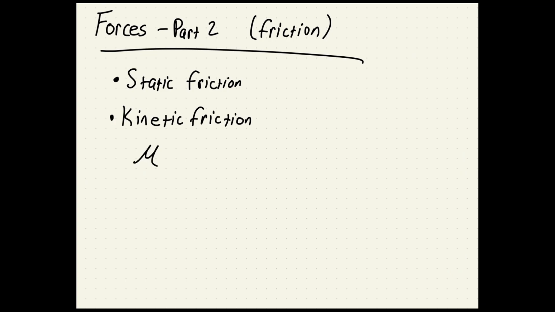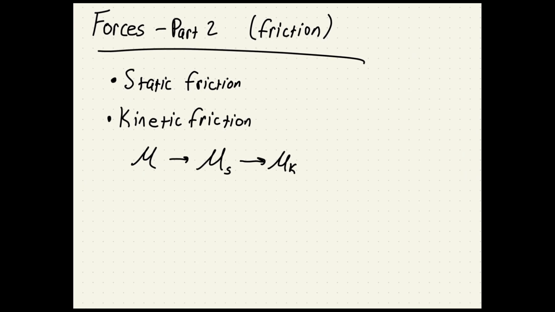We sometimes give it a subscript, like mu sub s for static, or mu sub k for kinetic friction. This is an important quantity that we'll talk about in a moment. I just want to point out that static friction and kinetic friction are very different, but they come from the same interactions.